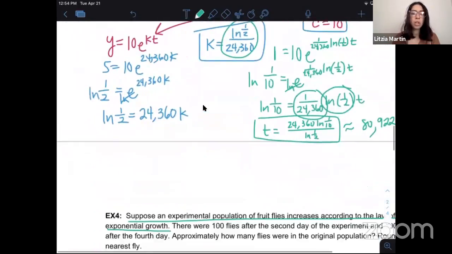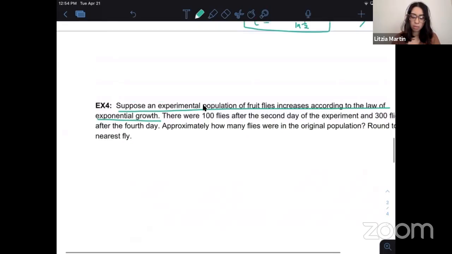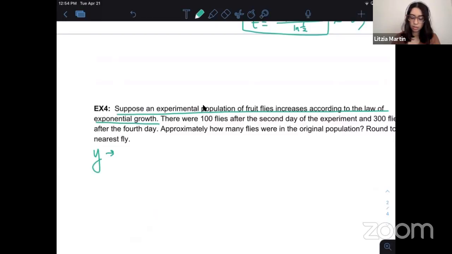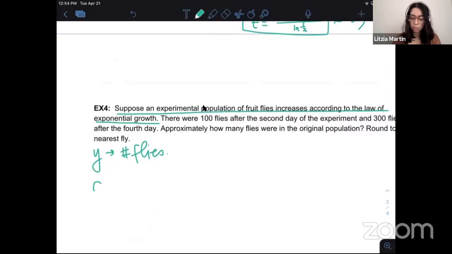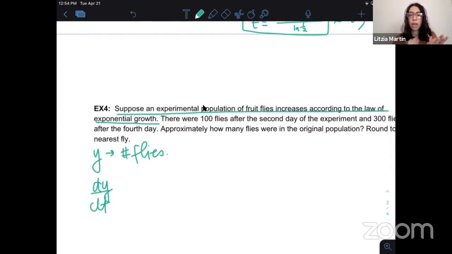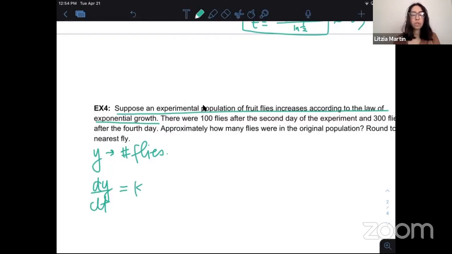What we'll do is we'll let y be the number of flies. So y is going to represent the number of flies. So we can come up with an equation here, dy over dt, the rate of change of the number of flies over time, is going to be directly proportional to the number of flies, because we know that the fly population increases according to the law of exponential growth.